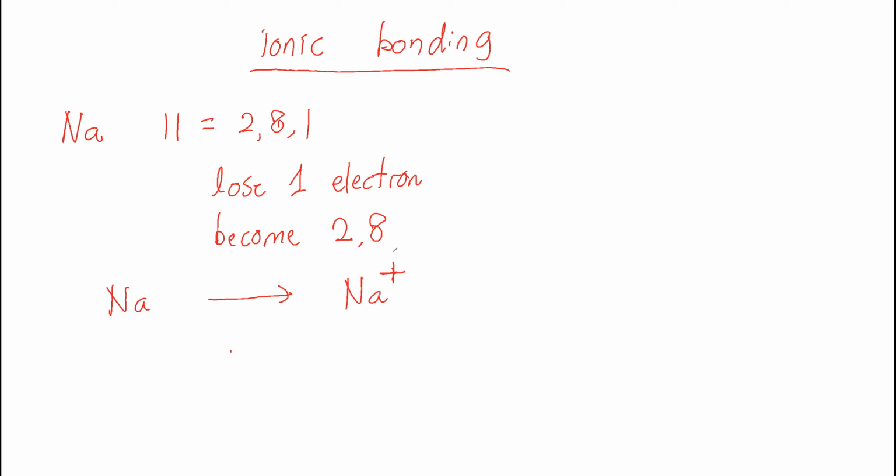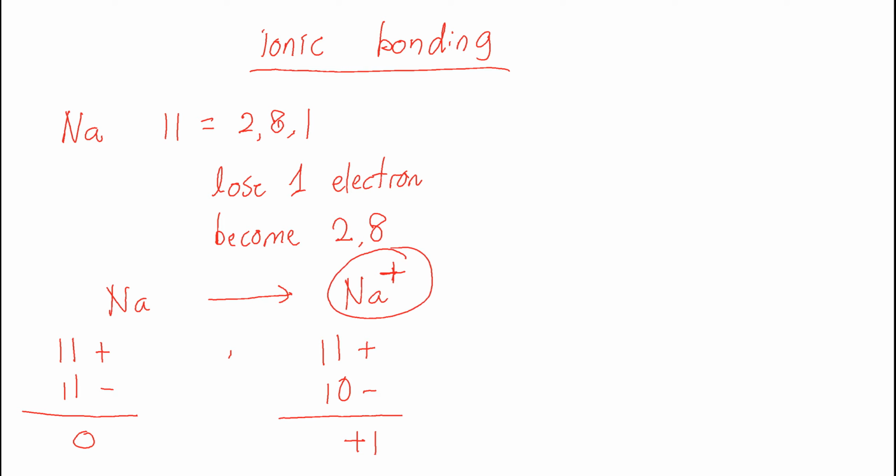Originally, the sodium atom has 11 protons and 11 electrons, and overall it is neutral or zero charge. By having become a sodium ion, it still has 11 protons, but it now has only 10 electrons, and so overall it has a +1 charge, and that's why the sodium ion has a +1 charge.